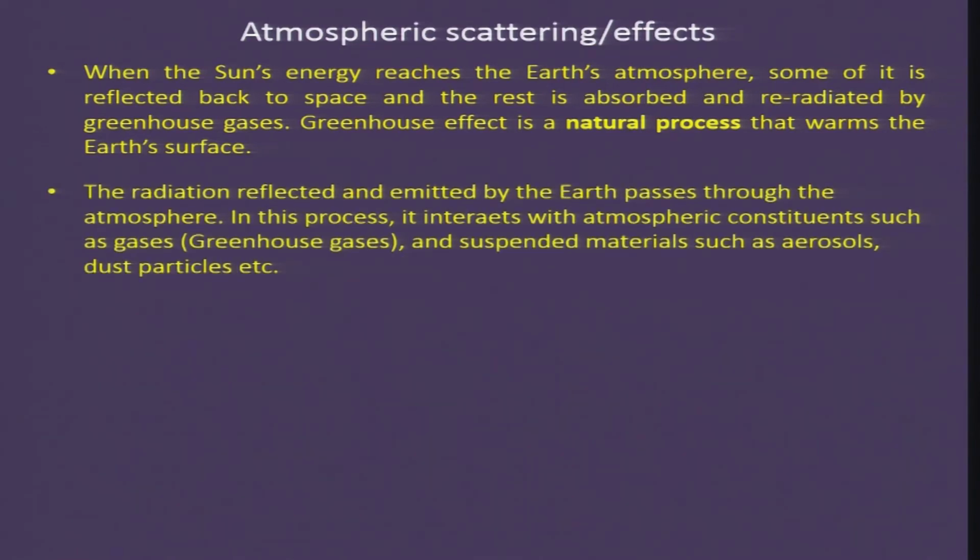The radiation reflected and emitted by the earth passes through the atmosphere. In this process, it interacts with atmospheric constituents such as gases, what we call greenhouse gases, and suspended materials such as aerosols and dust particles.